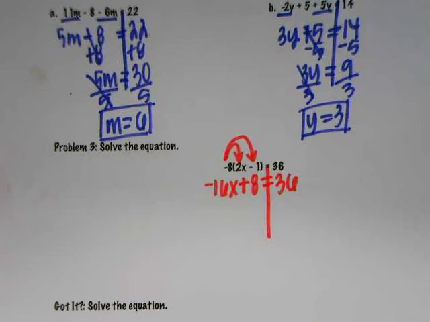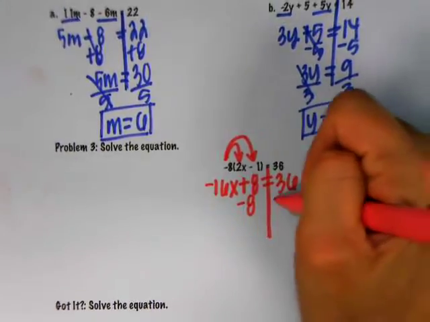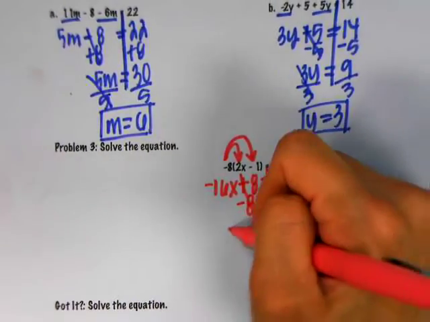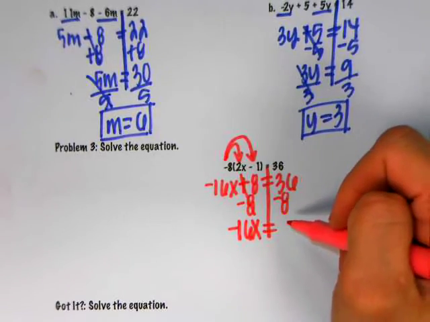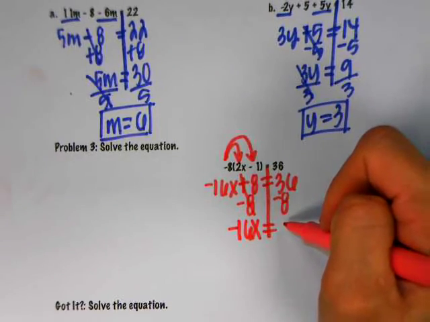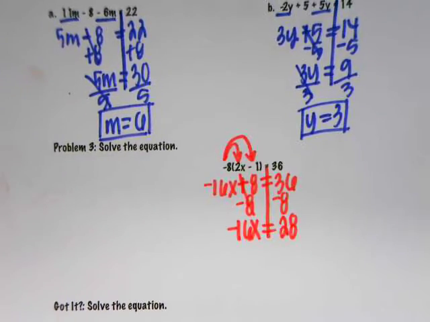And then we're pretty much at the same spot as all the rest. Okay? So how do I get rid of a positive 8? Minus 8. So negative 16x equals 28.